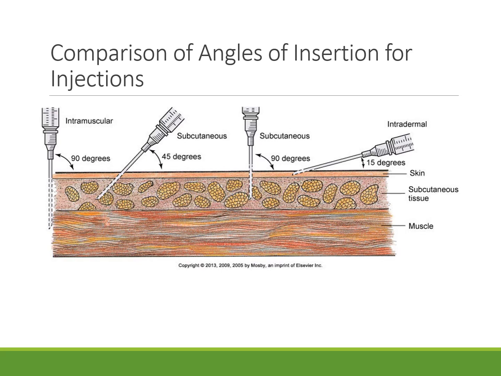But again, as I have said, take note if you are using a large or small needle. If you are using a small needle subcutaneously, you can also use a 90-degree angle. And on the last part, it's intradermal. That means you are administering the drug just in the dermal layer of the skin. So a 15-degree angle.